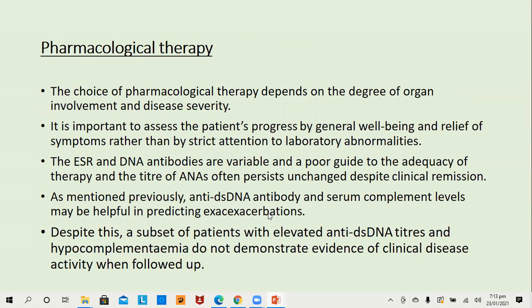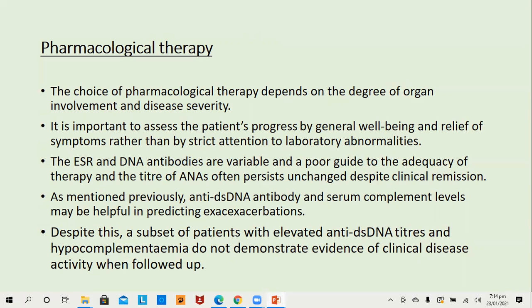Then pharmacological therapy. It's a big subject. The choice of pharmacological therapy depends upon the degree of organ involvement and the disease severity. It is important to assess the patient's progress by general well-being and relief of symptoms rather than by strict attention to the laboratory abnormalities.